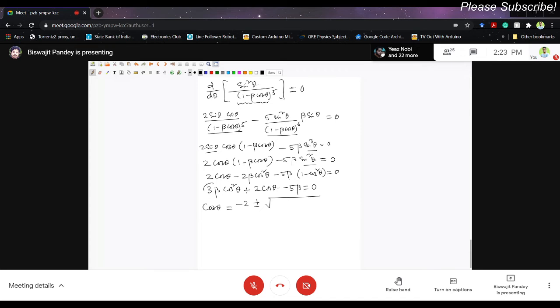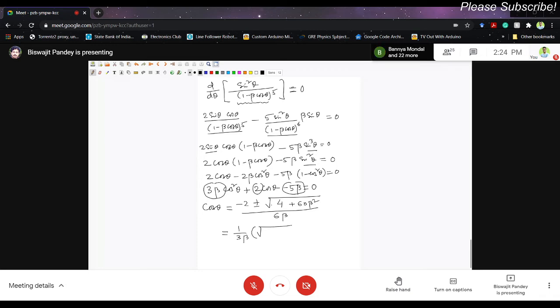You know all of them: a is 3β, b is 2, and c is −5. Putting them in, we get (−b ± √(b² + 60β)) by 2a, where 2a is 2 into 3β, which is 6β.